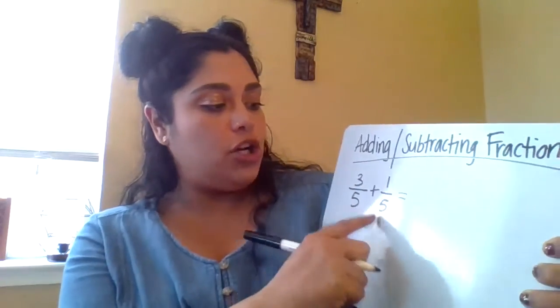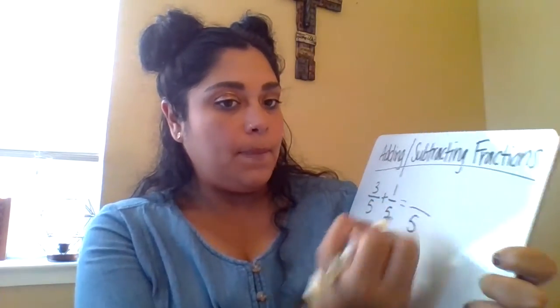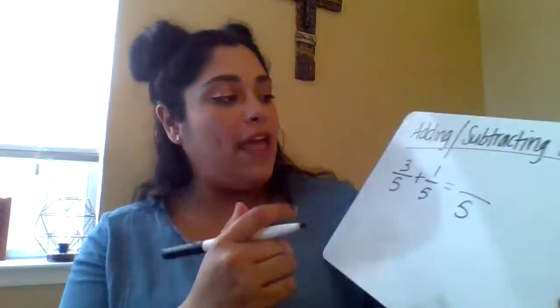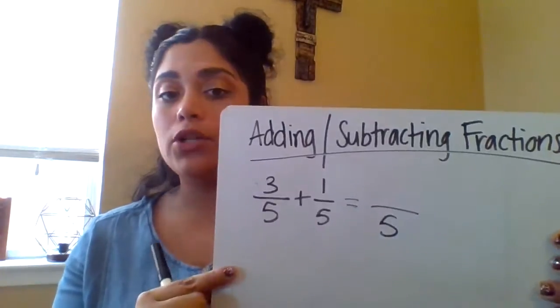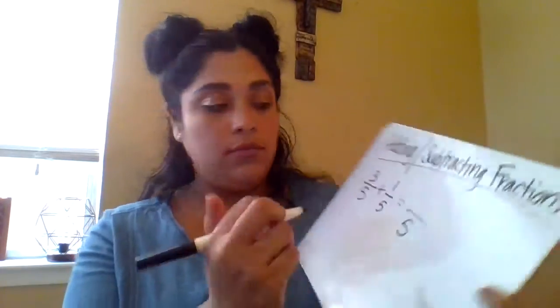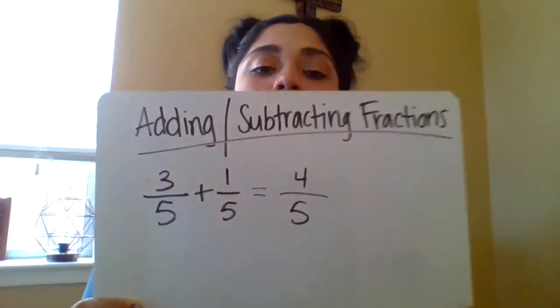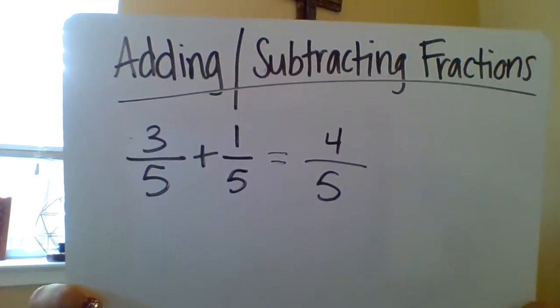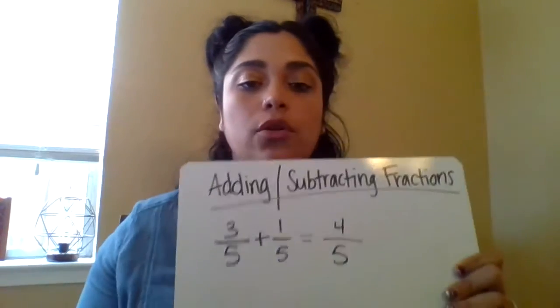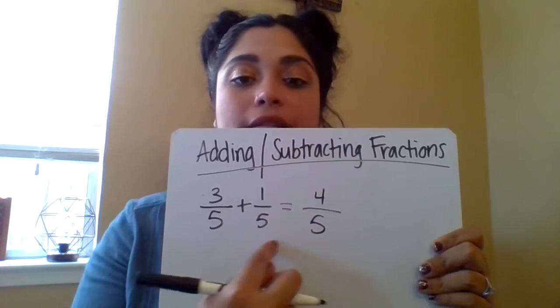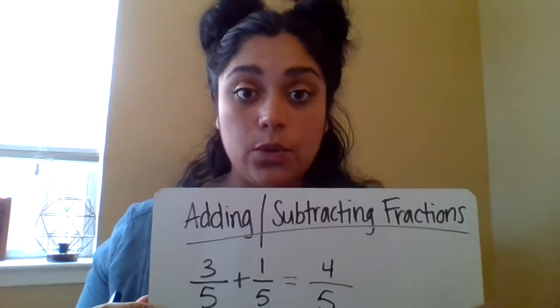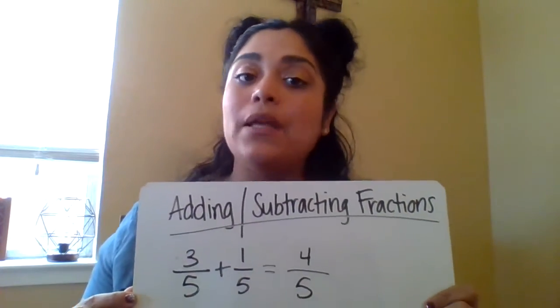So we know our denominator is 5. And then we add or subtract the top numbers. So it'd be 3 plus 1, which would be 4. So 3/5 plus 1/5 equals 4/5. And the reason why we do that, our denominators stay the same, is because they are like fractions, which means they have like or the same denominators.